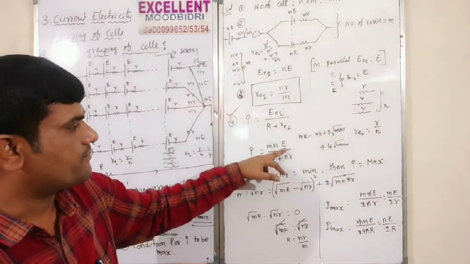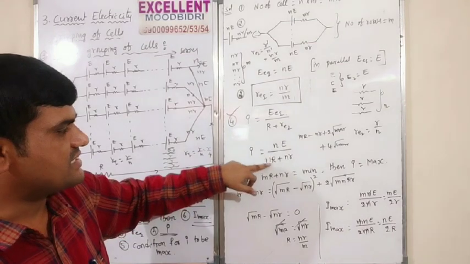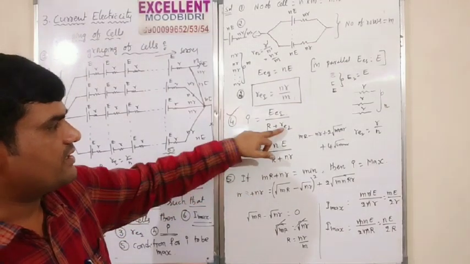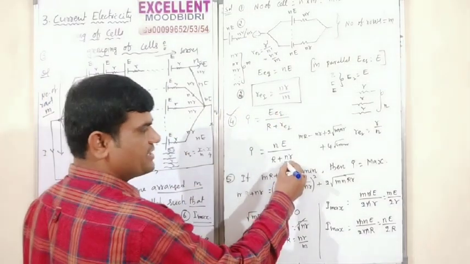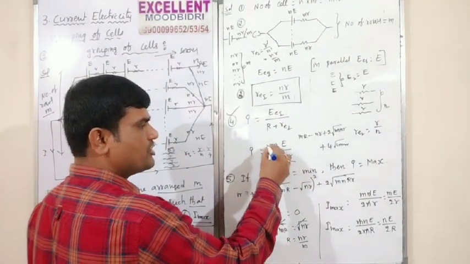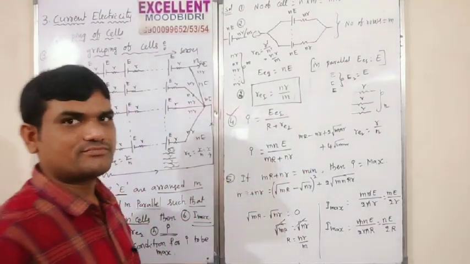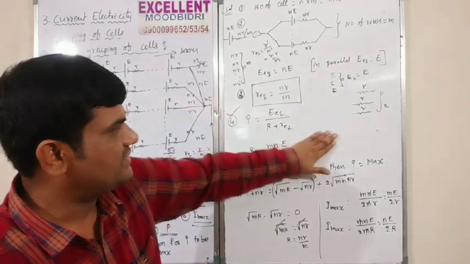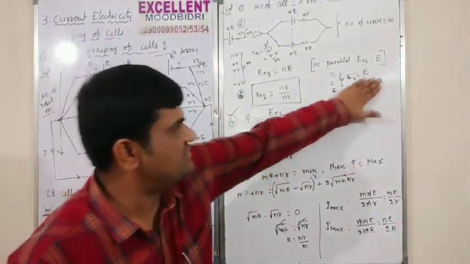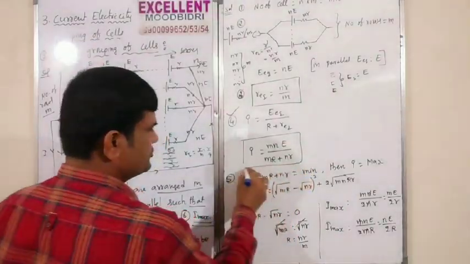N into E. This is the R, later I will give M. R equivalent is equal to NR by M. So M goes to the numerator, M into R, MR will come. This formula will come in this manner. So finish. This is the I through R.